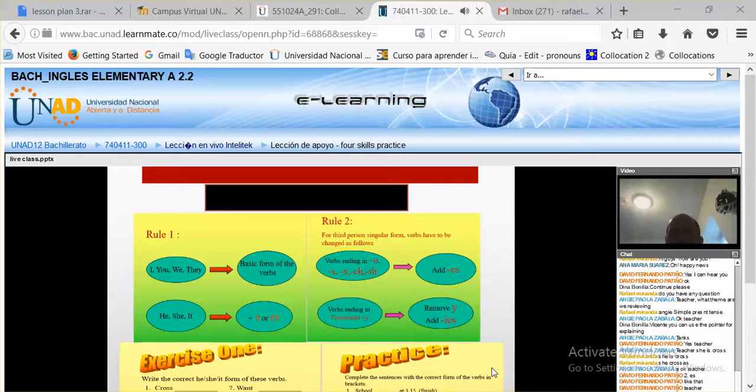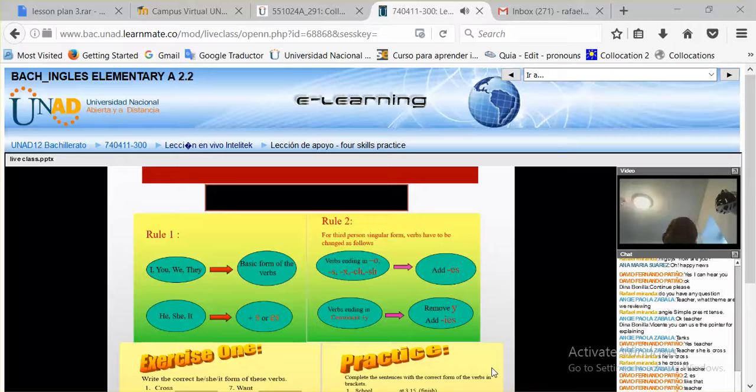And the idea is only to write down in front of the verb the correct form in the third person. For example, if you see crosses and you see the rules, you see that it ends with s, so you only add es. You can check the purple arrow.